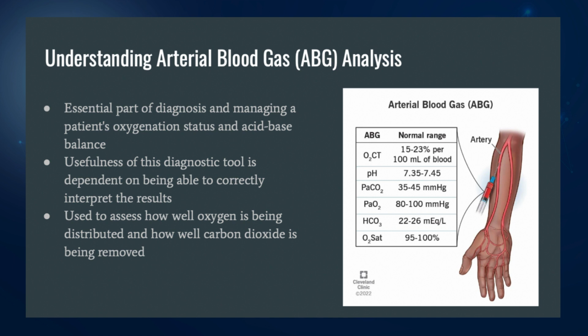So the usefulness of this diagnostic test is dependent on our ability to correctly interpret our results. And here are our parameters: the pH, the PaCO2, PaO2, and then HCO3, oxygen saturation. One key factor in this test is that we are taking blood from our artery and not our veins.